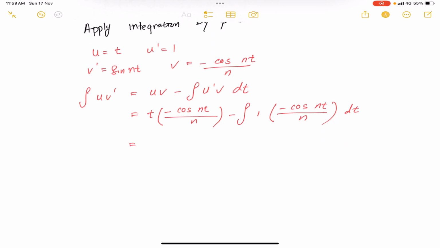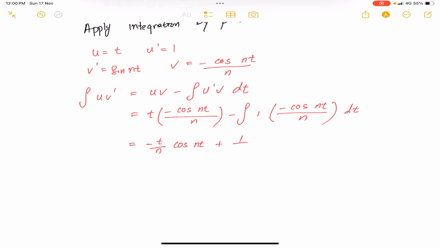So we can write down like this, negative t over n cos nt. So negative, you get positive, and then you integrate cos. Integrate cos nt, you will get sine nt over n.